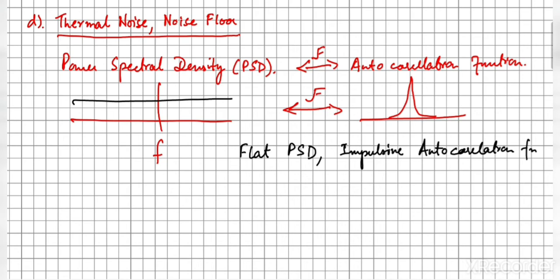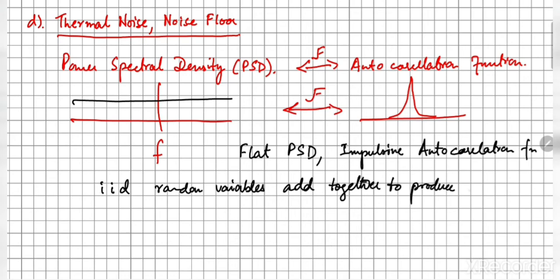Another important property of this thermal noise is that it is caused by the random movement of electrons, which are independent and identically distributed, IID, small random variables that add together to produce thermal noise.